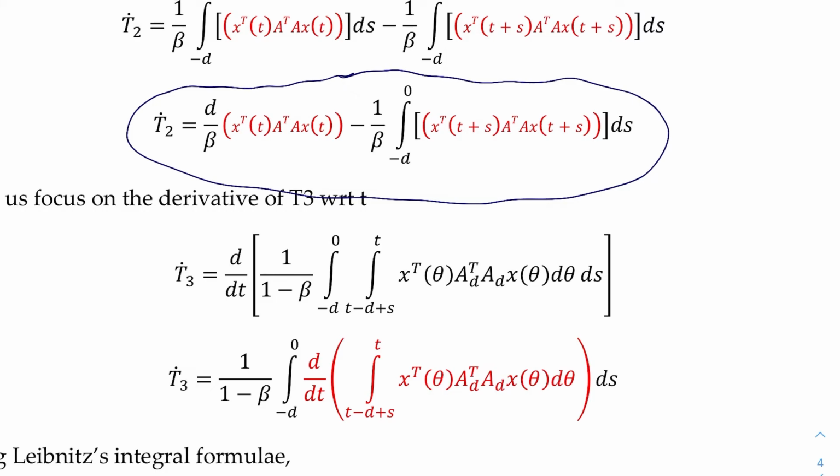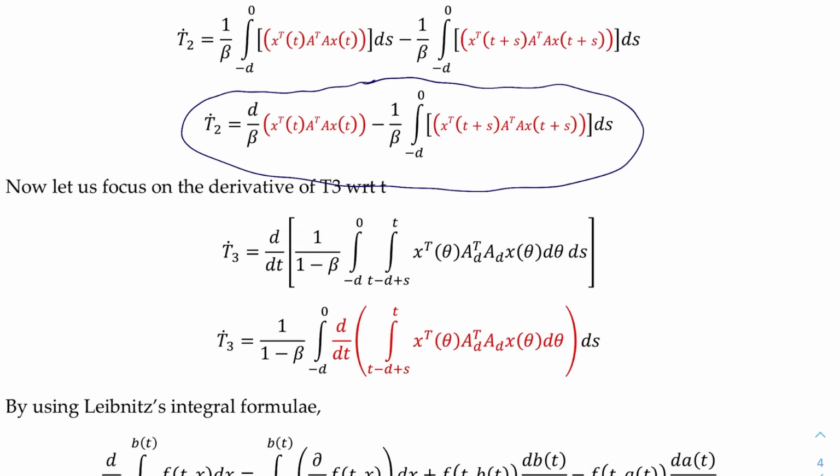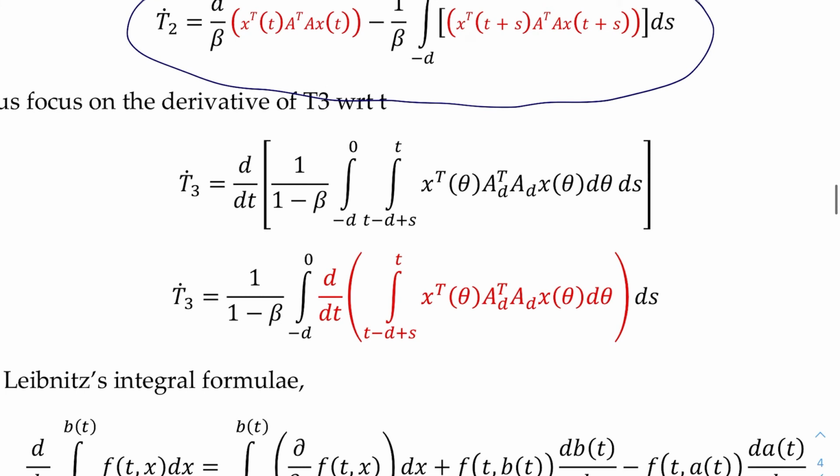The same logic will apply for the t3 term. However, I am not going to go into the details of the implementation of the Leibniz rule on that integral expression. Here is again a very similar expression.